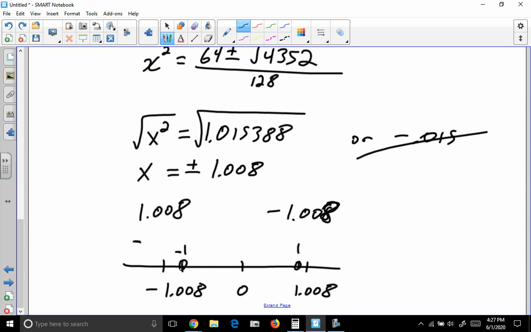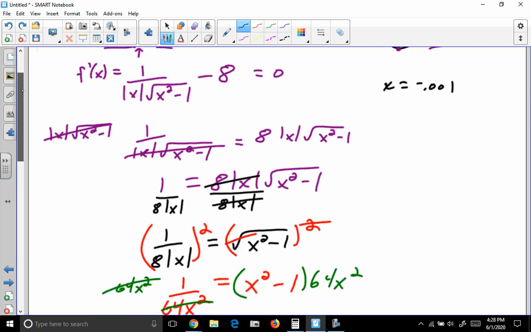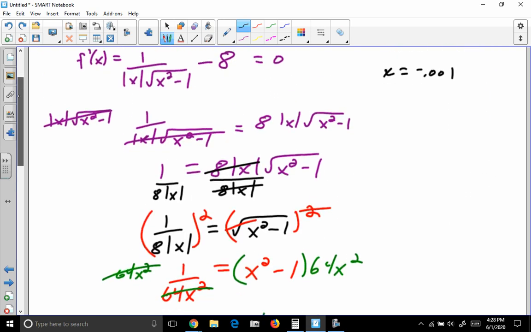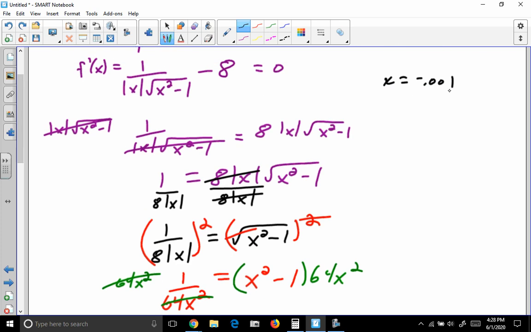So long story short, if we put in a test point in here, I imagine we're going to go positive. So this is going to be a minimum at that x value. We can do a test. For time's sake, we won't go all the way through it.